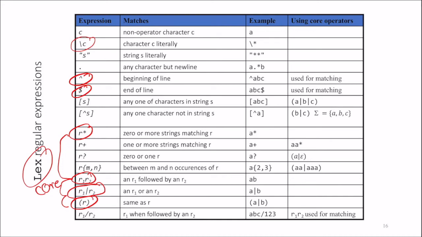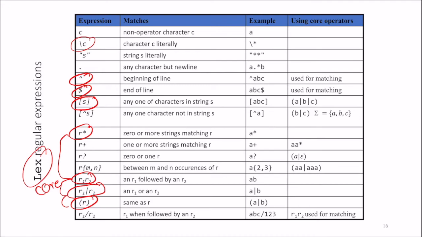But then all the others are syntactic sugar that can be used to make your regular expression more concise and easy to read. A good example is a square bracket containing characters.